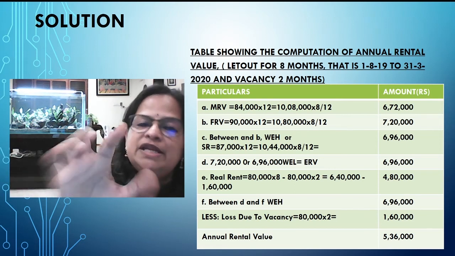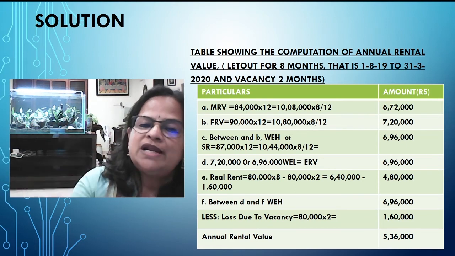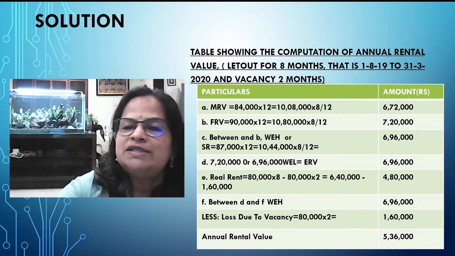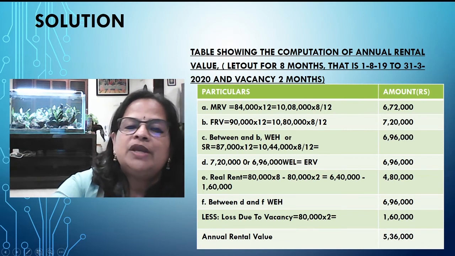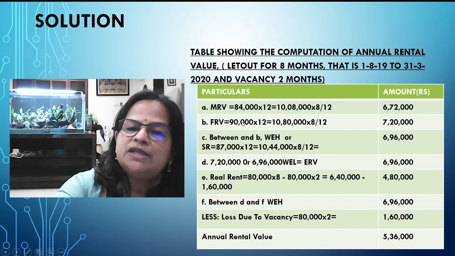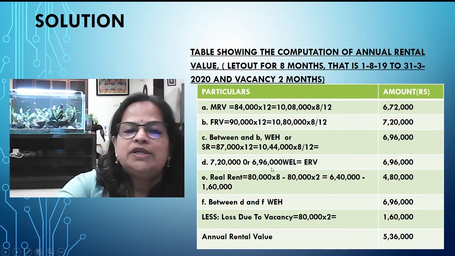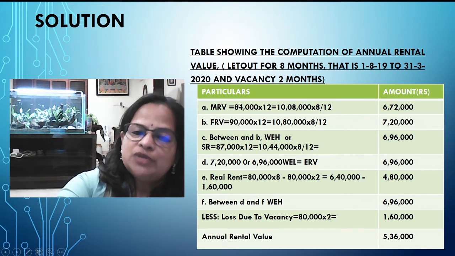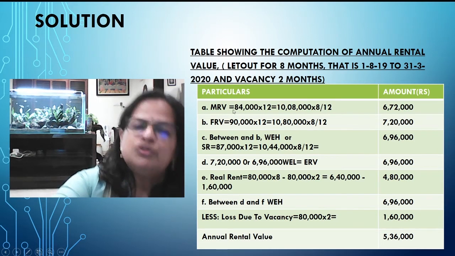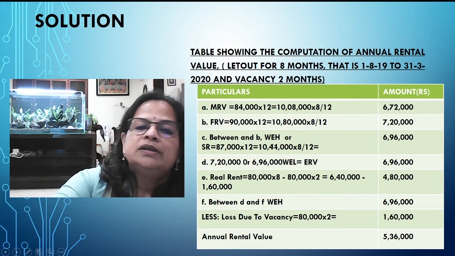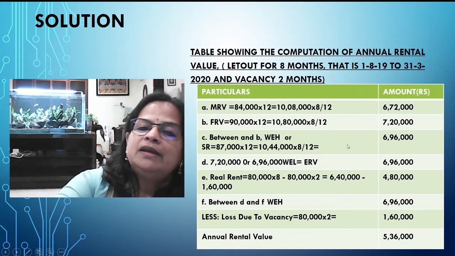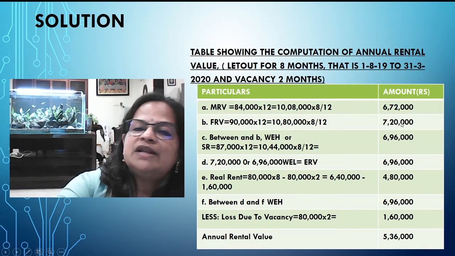So it is 84,000 per month, so 10 lakh 8,000 into 8 by 12, 6 lakh 72,000. Now fair rental value also same, 90,000 per month into 12 into 8 by 12, 7 lakh 20,000. So now you know that to calculate expected rental value, municipal rental value or fair rental value, whichever is high, is 7 lakh 20,000. Now you have to compare with the standard rent.